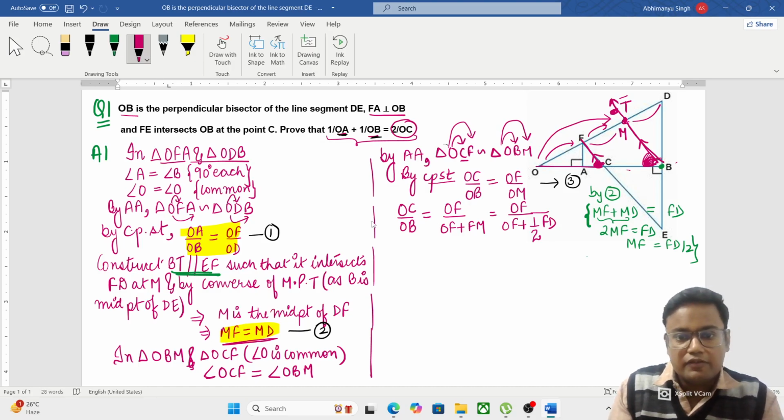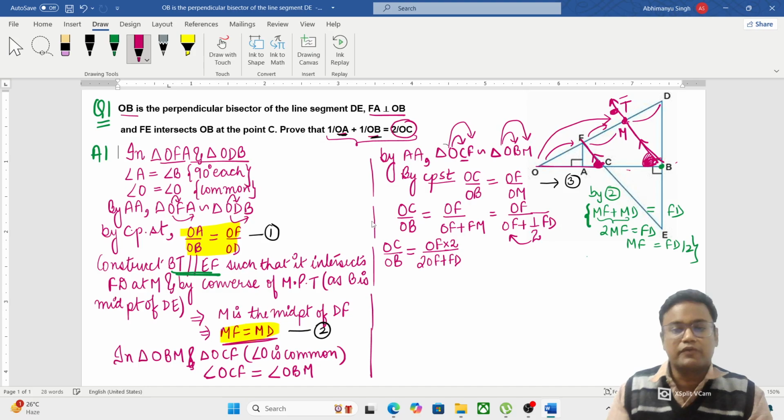Now by further proceeding, by using LCM and sending 2 here, I can write OF upon twice of OF plus FD, right? Now where will this 2 go? This 2 will jump into the numerator and will exist in the numerator, right?